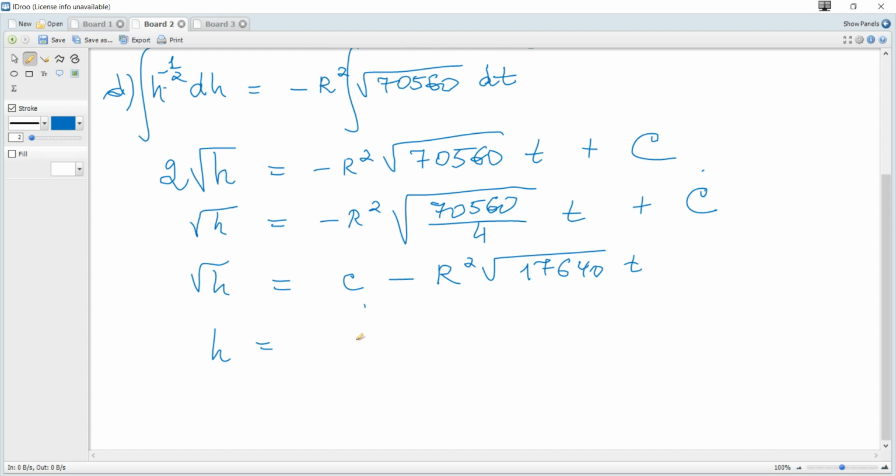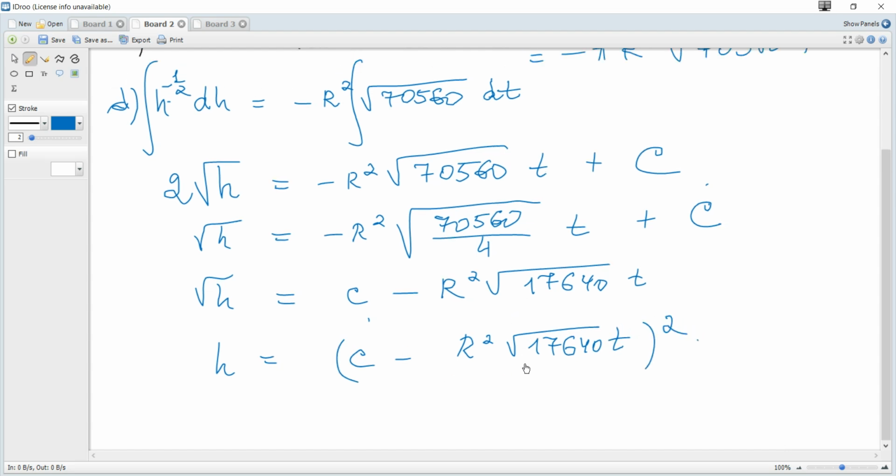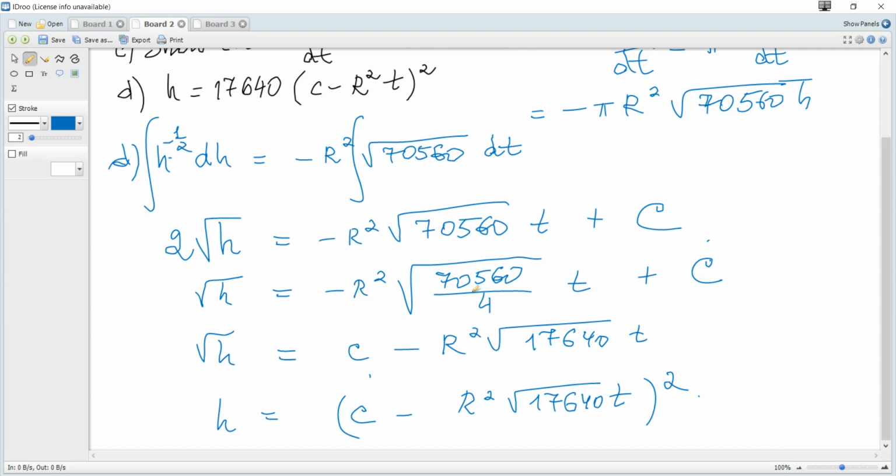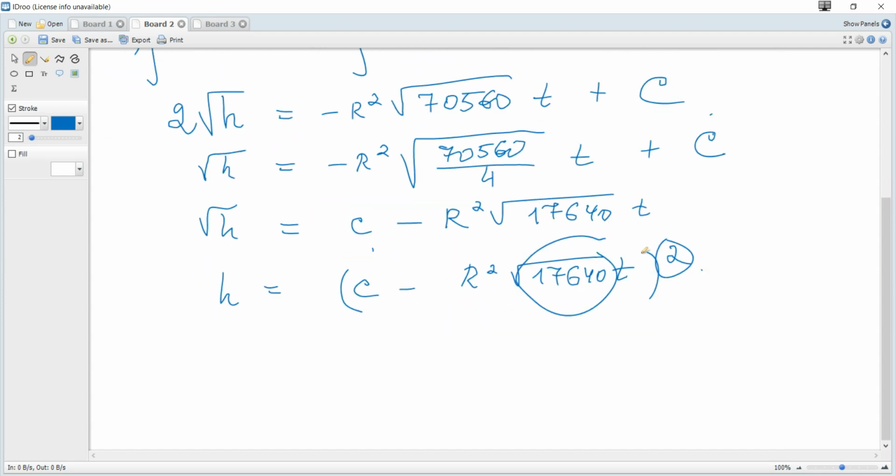Then h becomes this, squared. And how to get this? We factor out this value, but since it is squared, it moves out as a square root and then squared, so it becomes just this value, because a square root squared is just a number, and it remains this constant divided by this root, but a constant divided by a constant is just another constant.